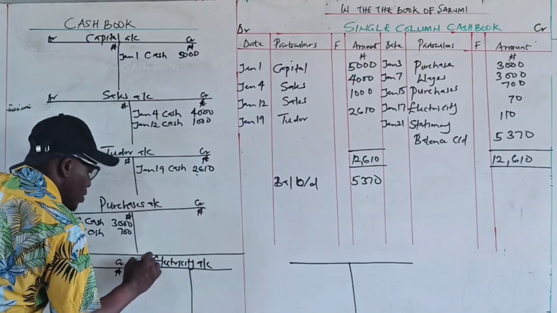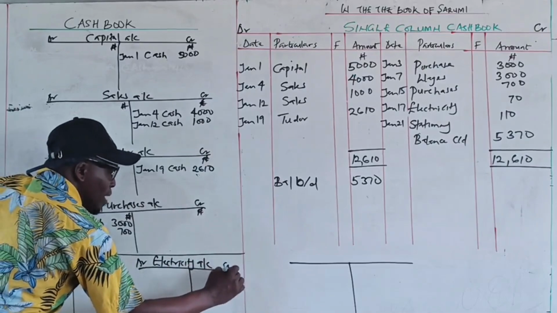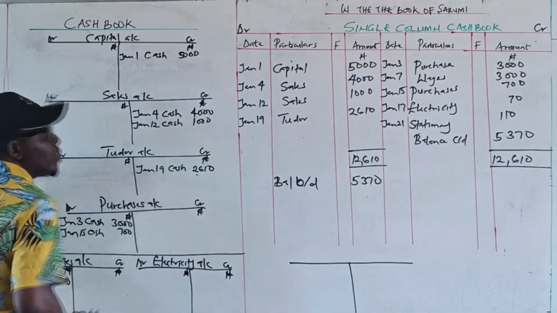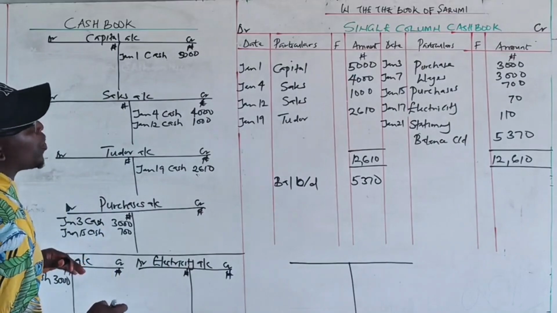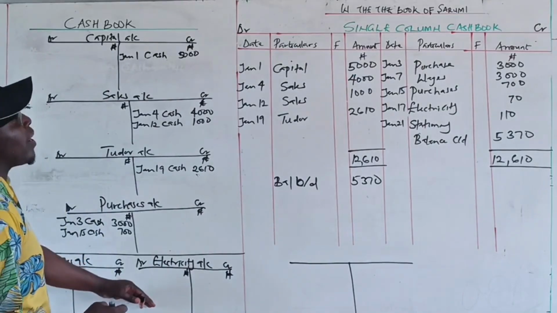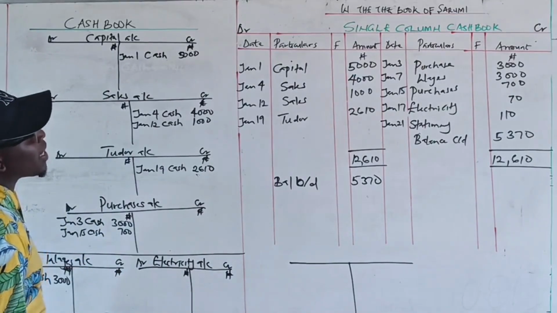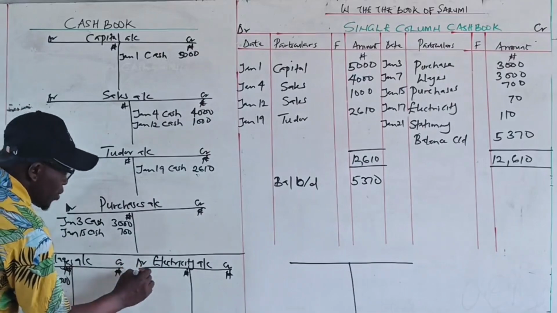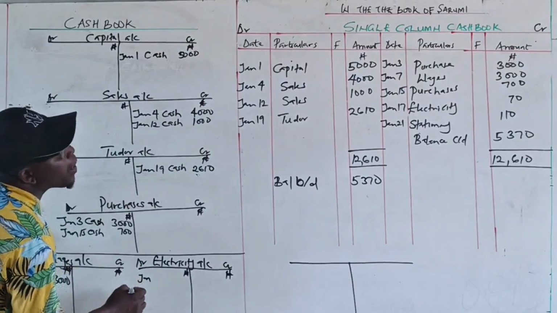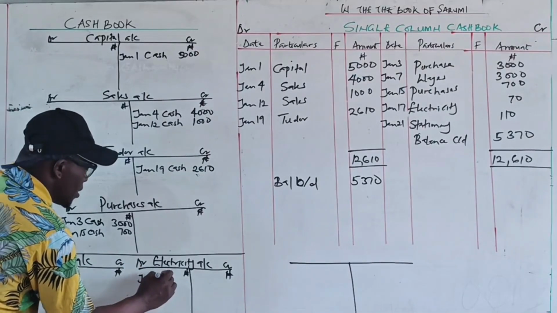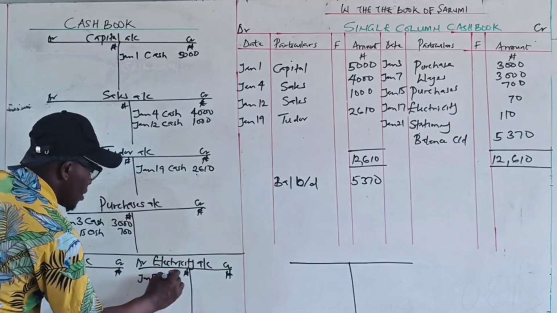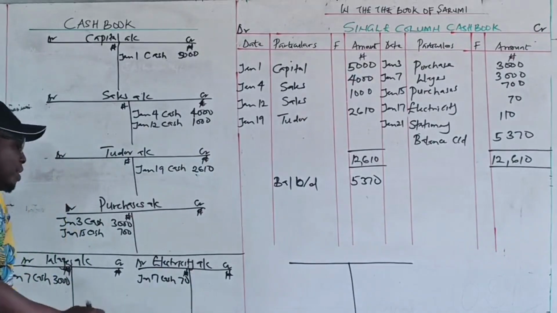And the next one is electricity account. Don't forget to add your debit and credit terms and your naira sign, which is a currency sign. So electricity is at 70 naira. So I have January 17, cash, 70 naira.